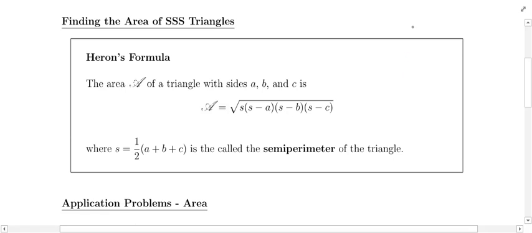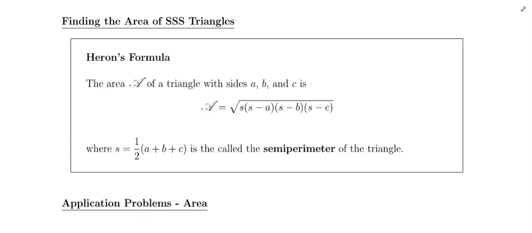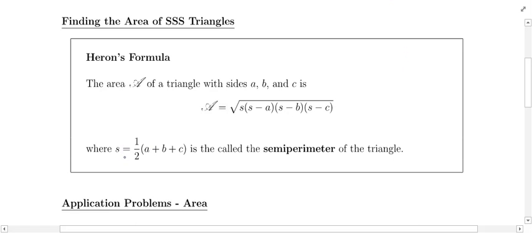The semi-perimeter is basically half the perimeter of the triangle, okay? Because look at the formula. To get this S value, you have to add up all the sides of the triangle, so that's the perimeter, and then you divide it by 2. So I'm going to write here S is half the perimeter of the triangle.